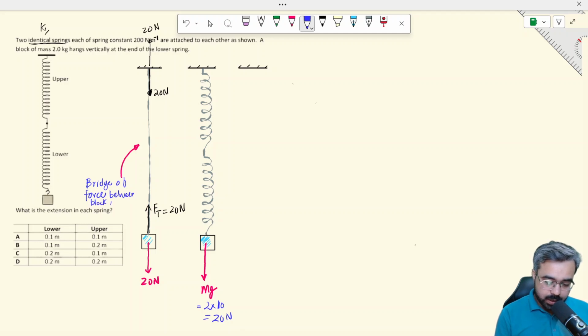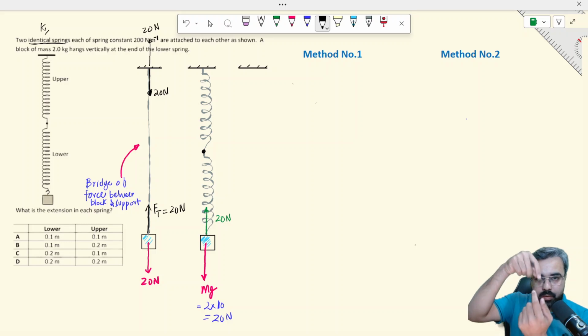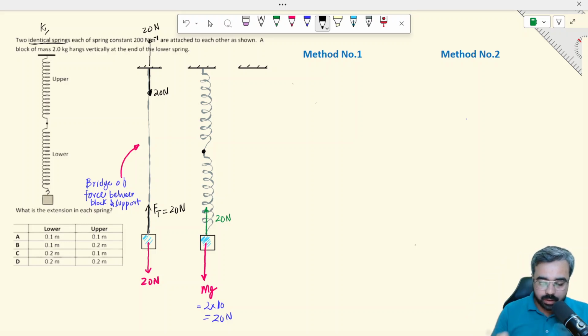the block and the support. So just relate the string concept to this spring. Okay, so I will tell you how the spring is acting as a bridge. At this point, dear students, that force must be 20 newtons, upward. Now, this is the point of contact, the point where the two identical springs are attached.